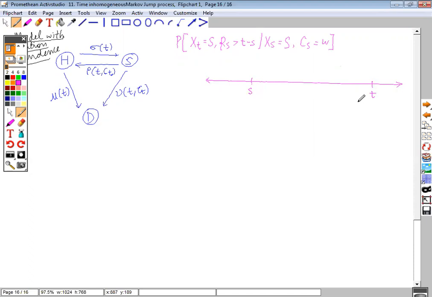Now you guys guide me about how I should write and fill in these times and states. So this is time. Maybe I can use a different color for state. Yeah. So what state should I write here at time S? Anyone? Quick.